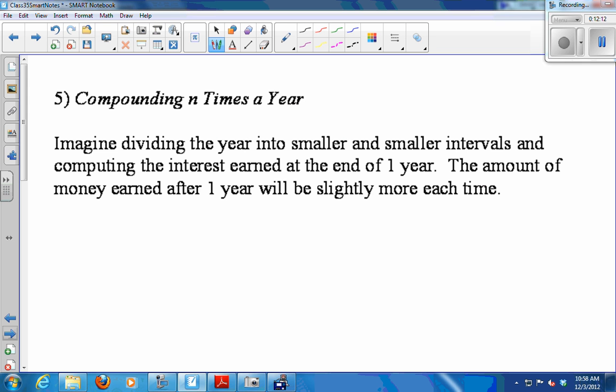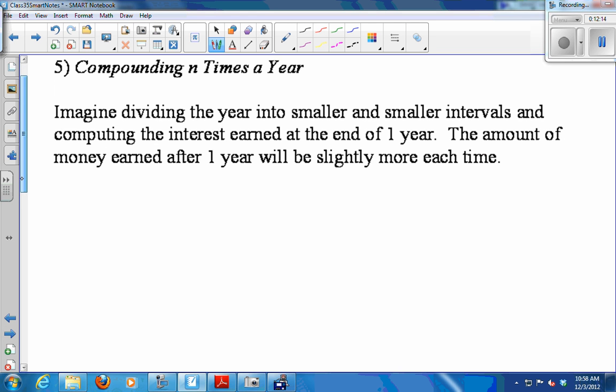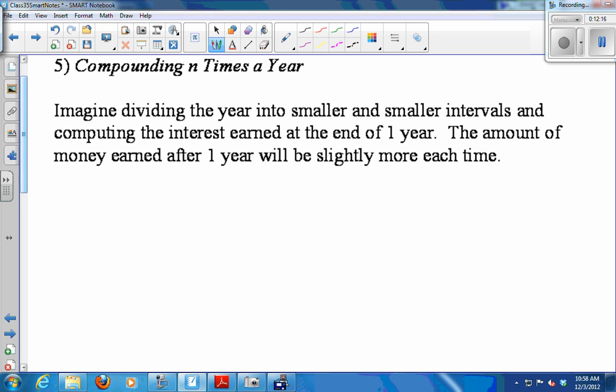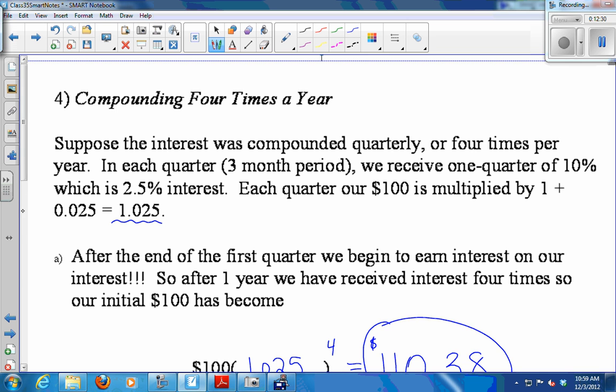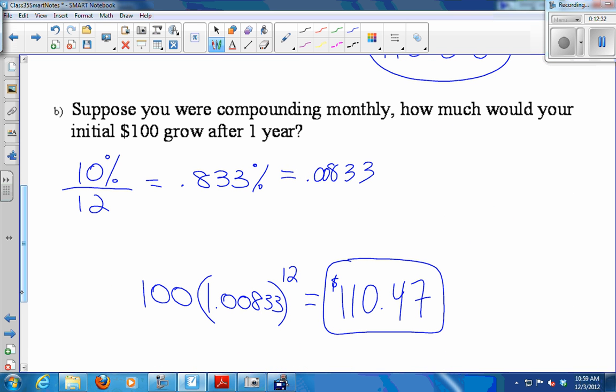First thing I have to do is take my percentage, my 10%, and divide it by n, the number of times that you compound per year. That's what I did back here. I did the 10% divided by 12 to figure out what percent I'm making at each compounding.